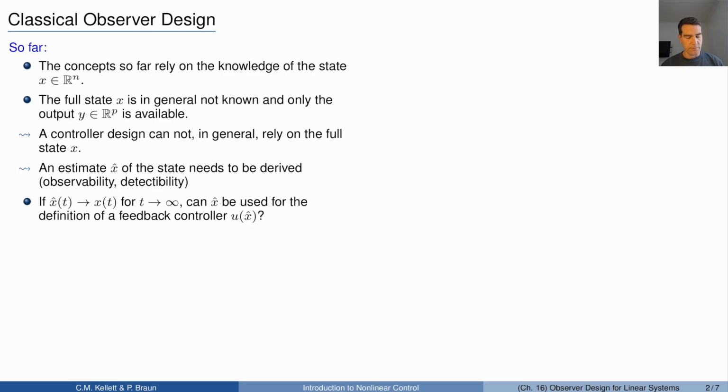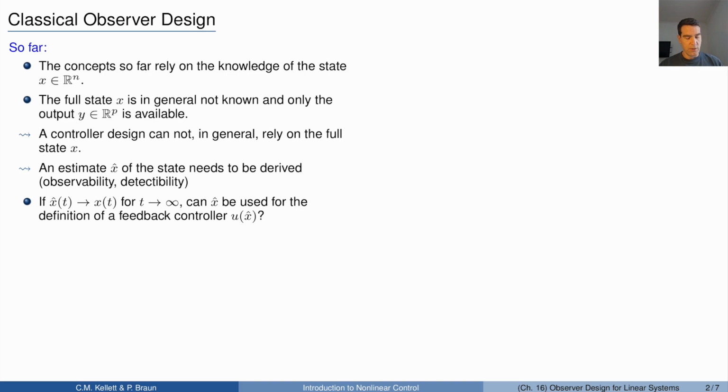However, normally not the full state is known, and only a subset of the states in terms of an output y in R^p, where p is the dimension of the output, x is usually in R^n, and p is smaller than n.